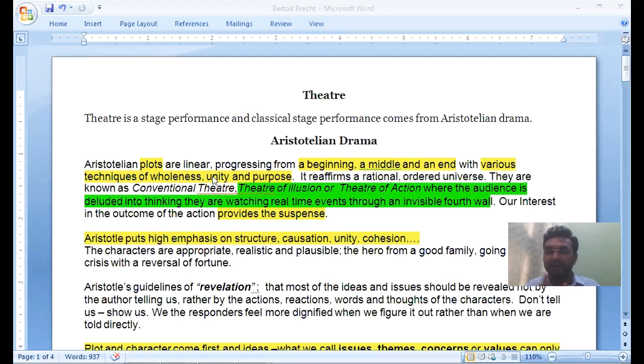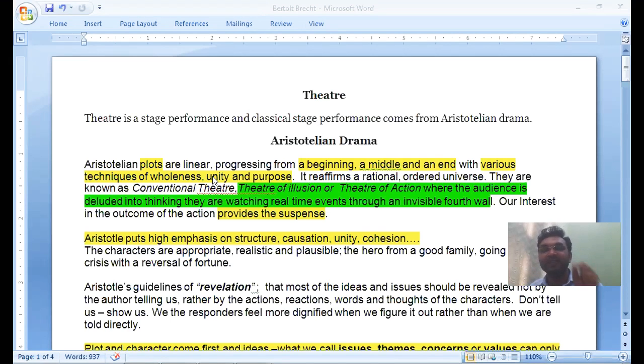But there is a difference between the three points. The beginning has some points but leaves something as suspense, and that suspense is covered in the middle.